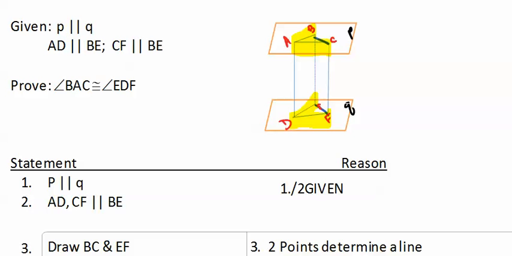The reason why we're going to do that is because that establishes that a plane is intersecting two parallel planes. And what that does is it helps us to establish that AB will then be parallel to DE, and that line AC will be parallel to DF.